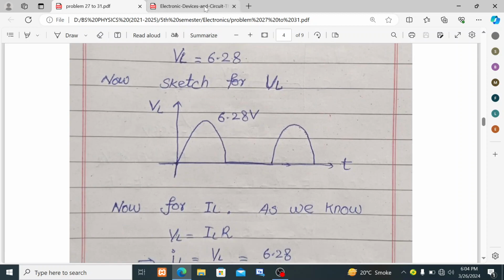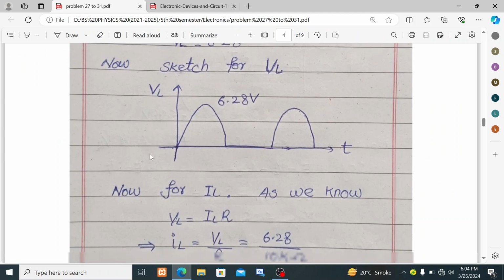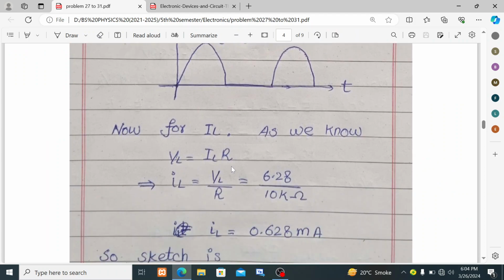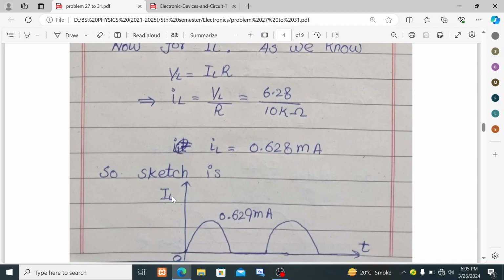So first we sketch VL. Now we find IL. As VL is known and the resistance across RL is known, we can find IL. So IL is equal to VL over R. From here IL is equal to 0.628 milliampere. So we simply sketch this one.